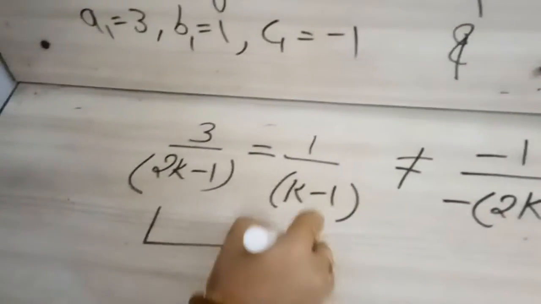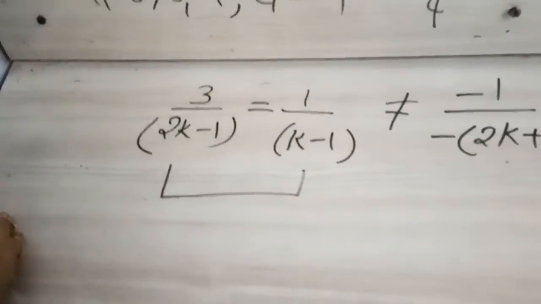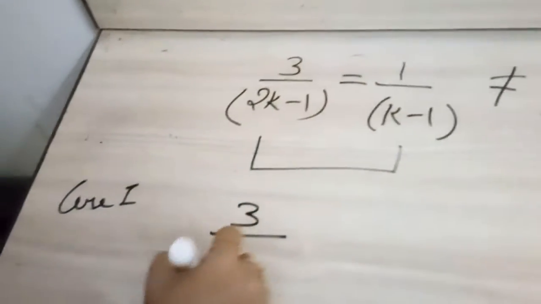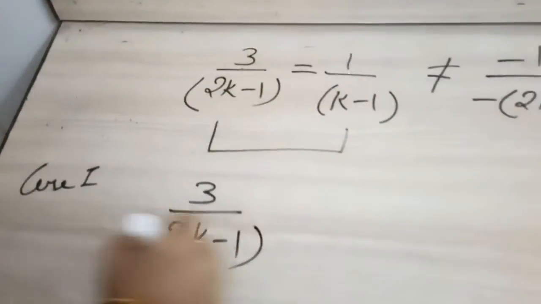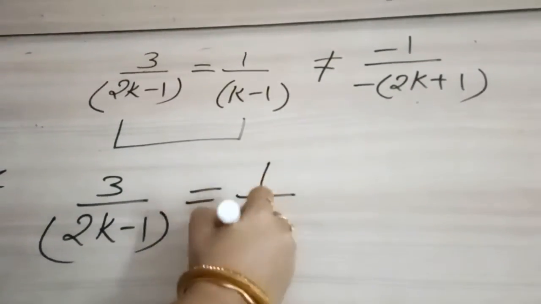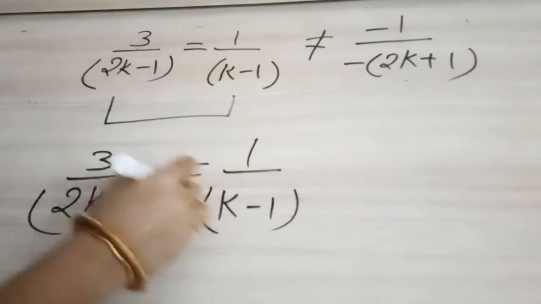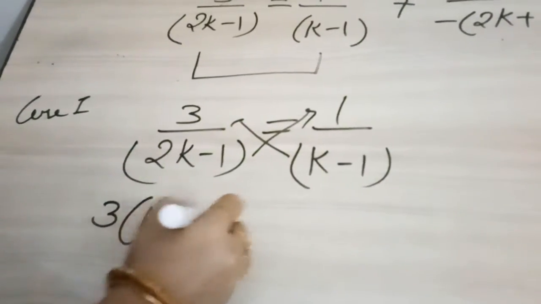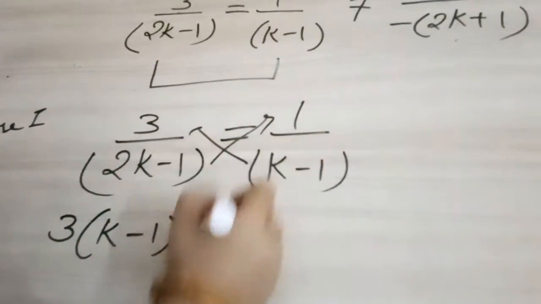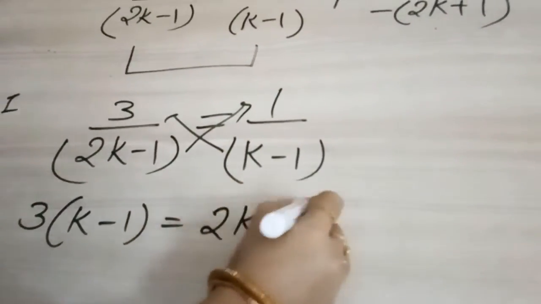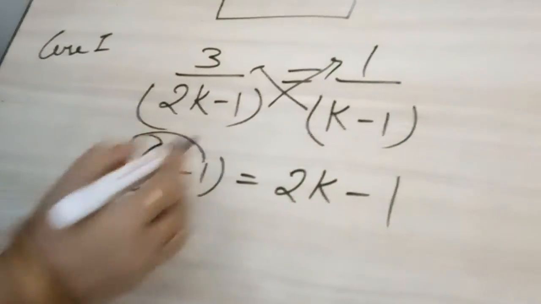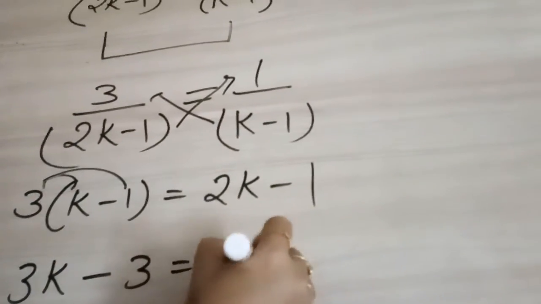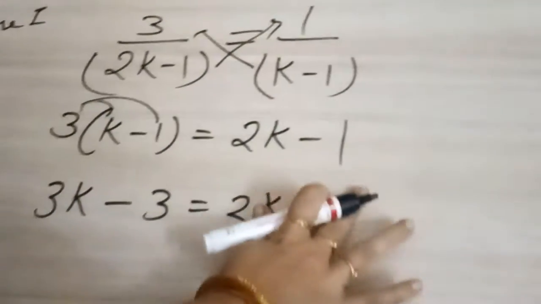Now in the first case we will take these two things. So we will write here case 1. 3 by 2k minus 1 is equal to 1 upon k minus 1. We will cross multiply, so it will become 3 times (k minus 1) is equal to 1 times (2k minus 1). 3 gets multiplied on both terms, so it will become 3k minus 3 is equal to 2k minus 1.